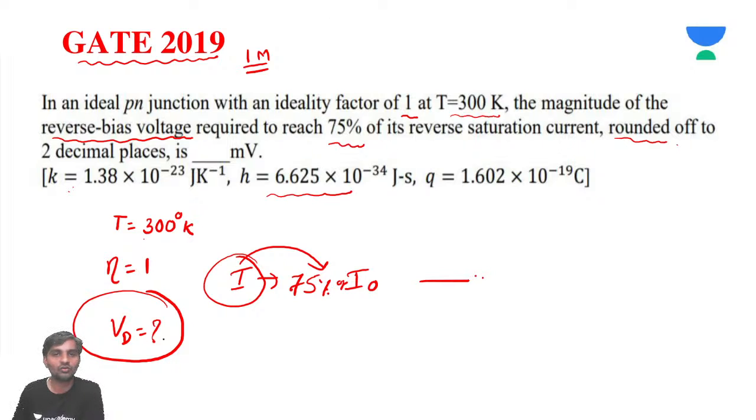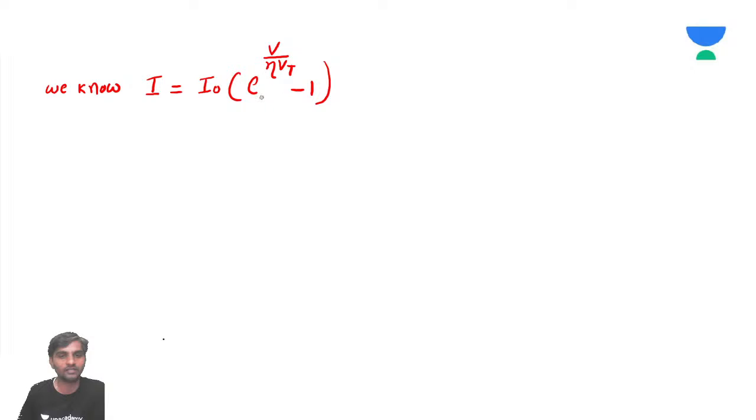So we know the diode current I is equal to I naught into e power V by eta Vt, minus 1. What is the equation?